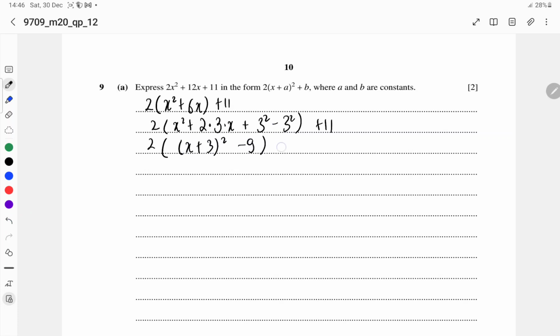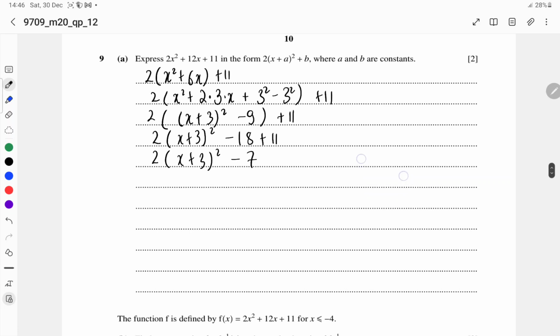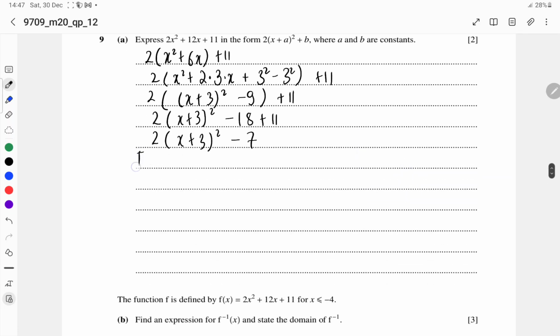Then after we have minus 9 plus 11. When we open the bracket, it's going to multiply to make 18 plus 11. So this is simply going to be 2 times x plus 3 whole square minus 7, right? It is in the form 2 times x plus a whole square plus b, where a equals 3 and b equals minus 7.